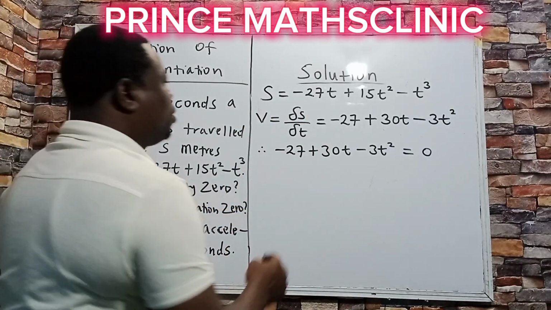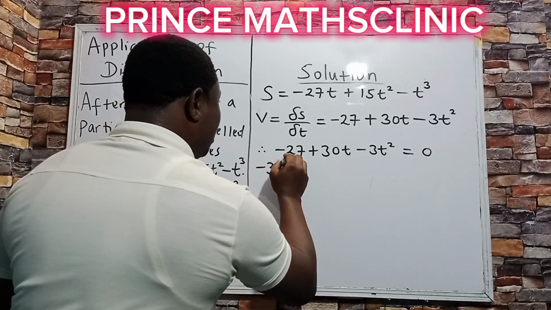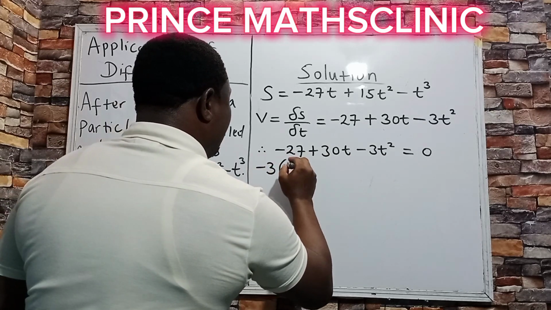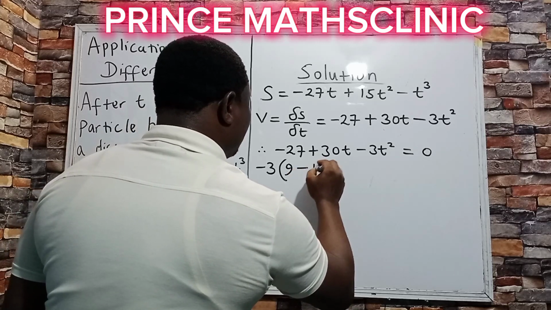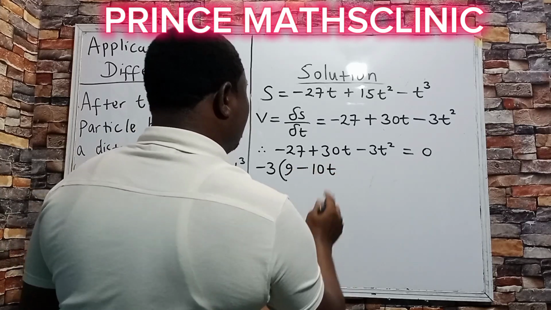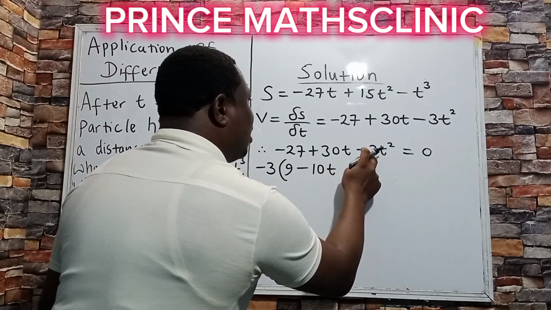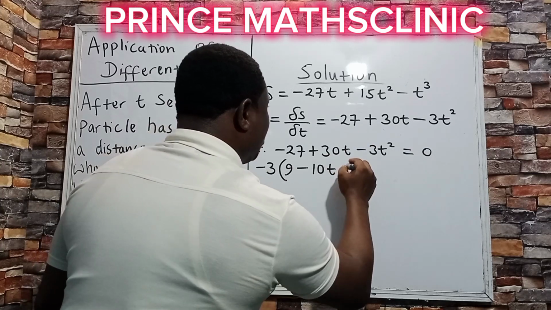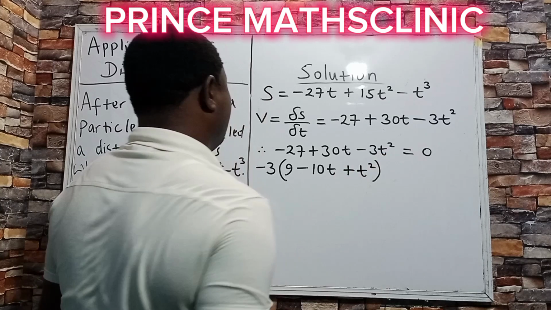So I can factor out 3. So let me bring out minus 3. Here I'm left with positive 9. Here I'm left with minus 10t. Then minus 3t squared divided by minus 3 will give us positive t squared.